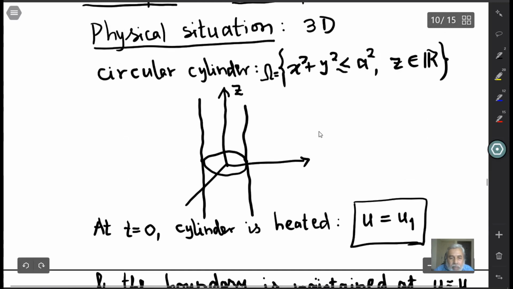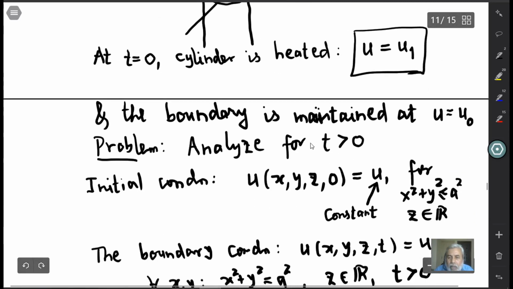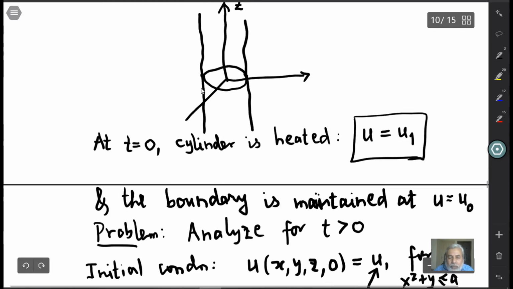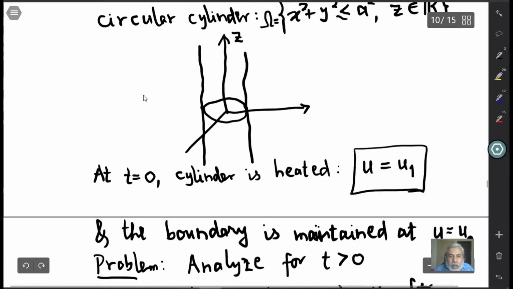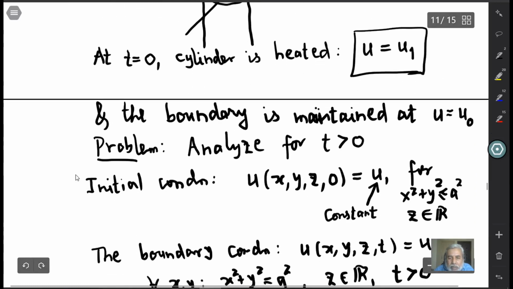From the initial conditions at t equal to 0, the boundary condition, and the geometry of the problem, we see that there is no variation in the z direction.